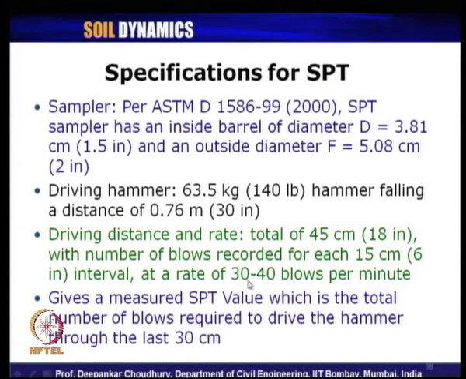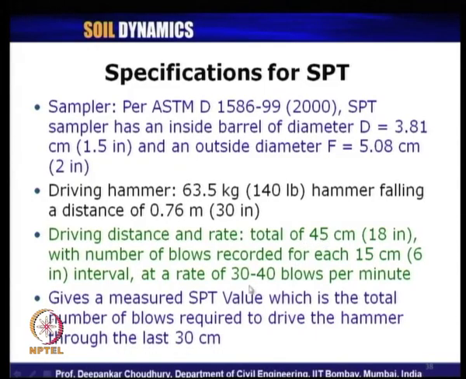Okay. How many blows the hammer should give per minute is also specified, because more or fewer blows will obviously give you different results of N. So, that is why the standardization is required. It gives a measured SPT value, which is the total number of blows required to drive the sampler through the last 30 centimeter.